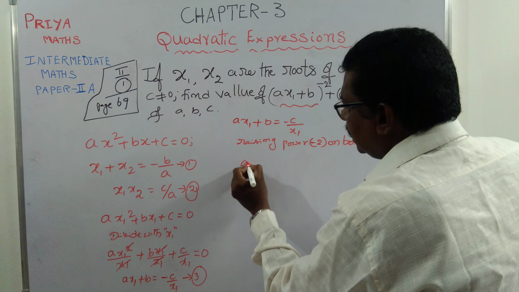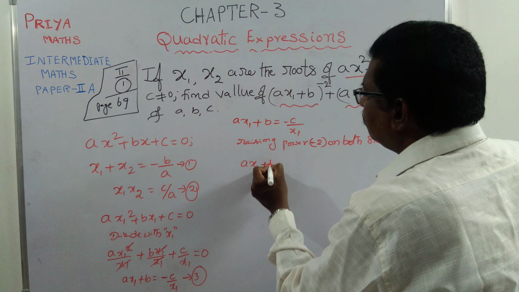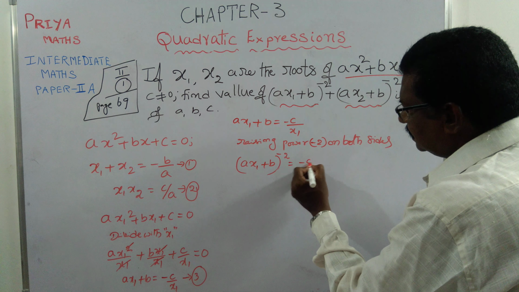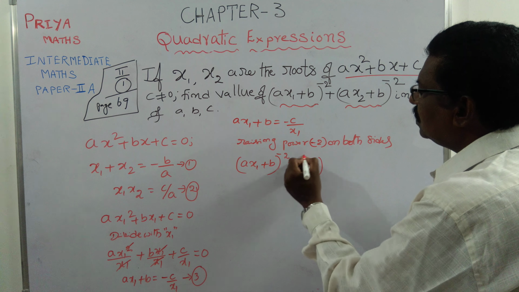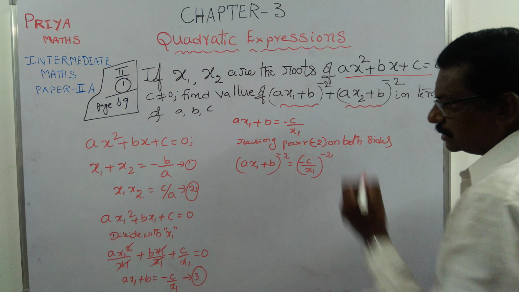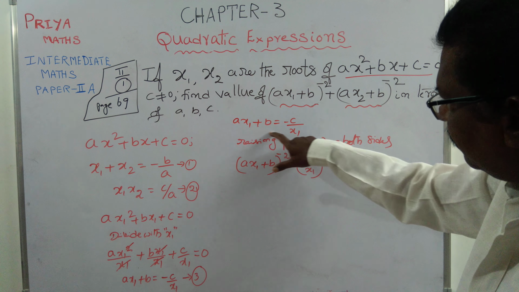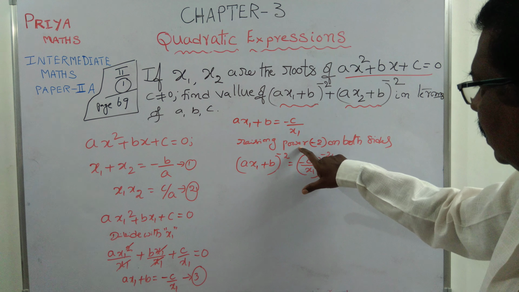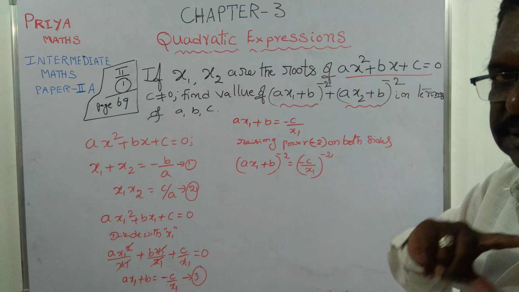So it becomes (ax1 plus b) whole to the power of minus 2 is equal to (minus c by x1) whole to the power of minus 2. Did you understand? This equation can be written like this.